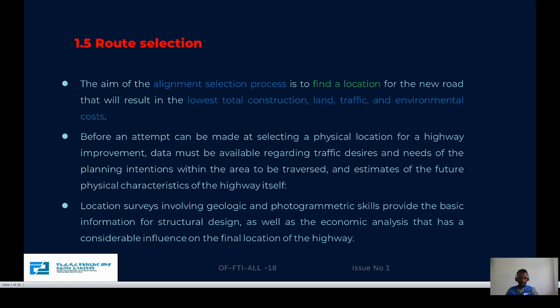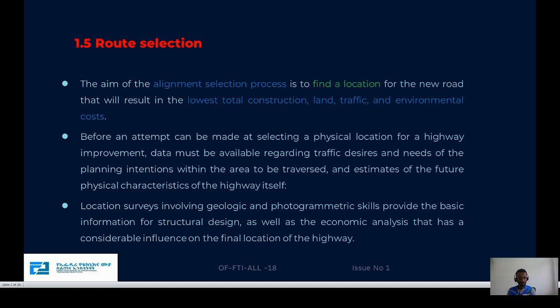Before an attempt can be made at selecting a physical location for a highway improvement, we have to collect data regarding traffic volume and traffic composition, and data related to traffic loads is needed for planning, as well as to estimate the future physical characteristics of the highway itself.